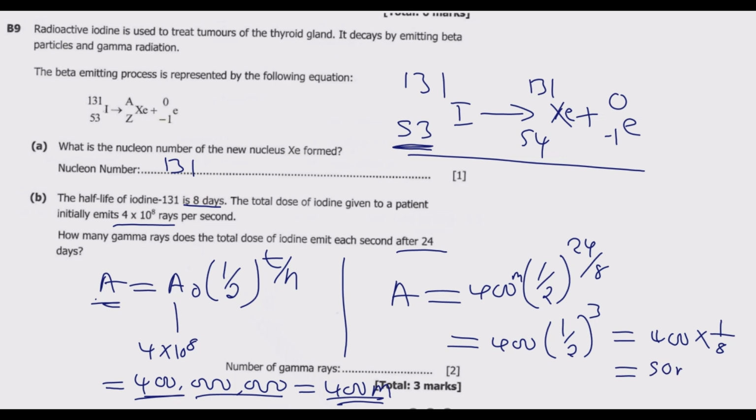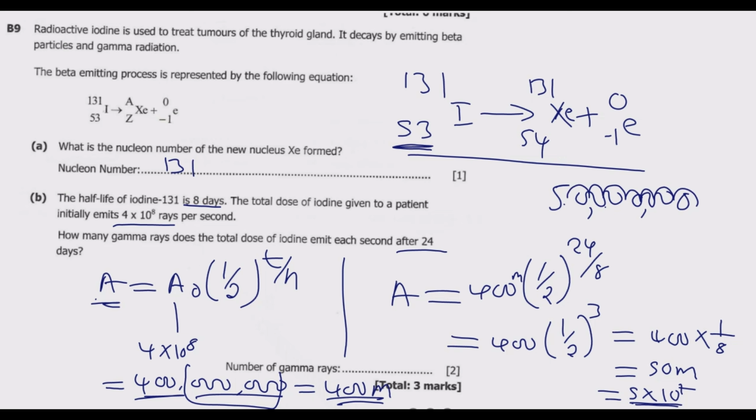So this is 50 million, which is the same as 5 multiplied by 10 to the power 7. Remember, because this is 6 powers, when we move the decimal places, 1, 2, 3, 4, 5, 6, 7, we write it the way it was written.